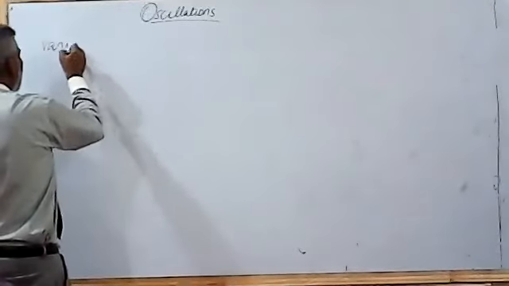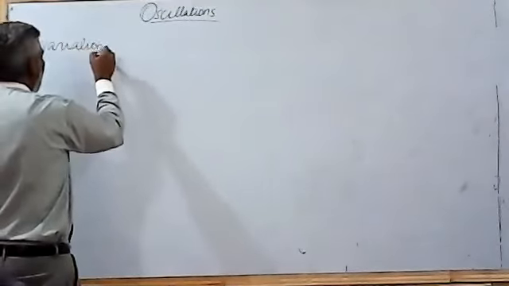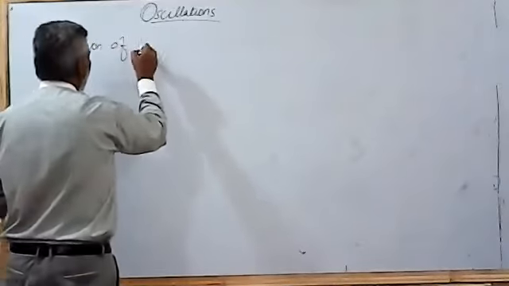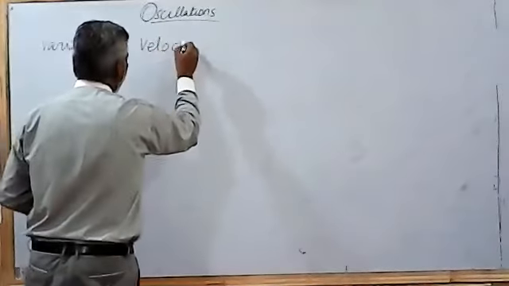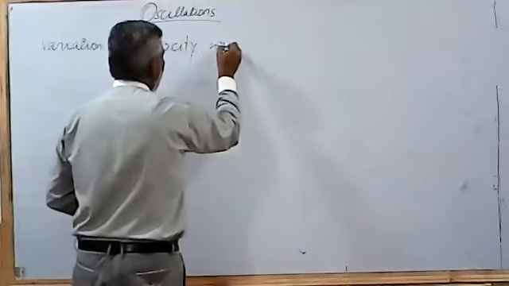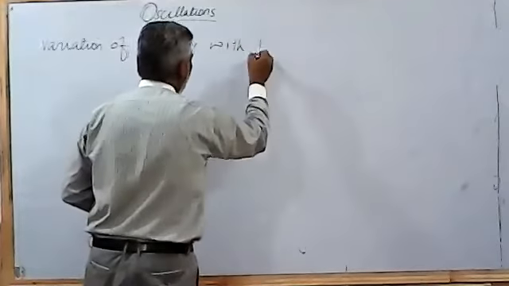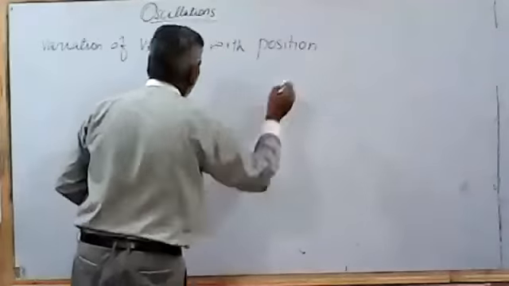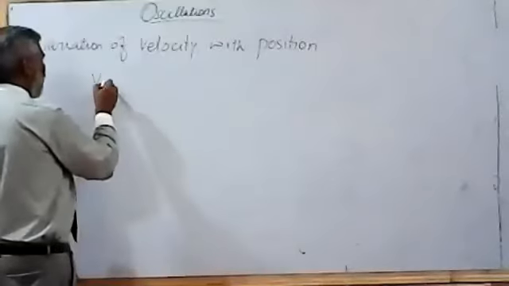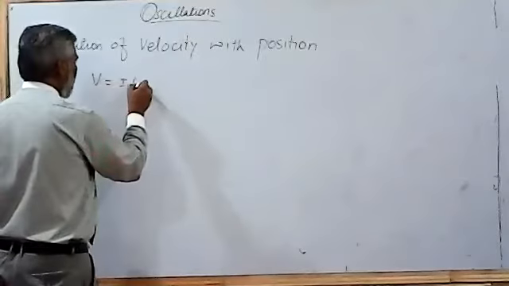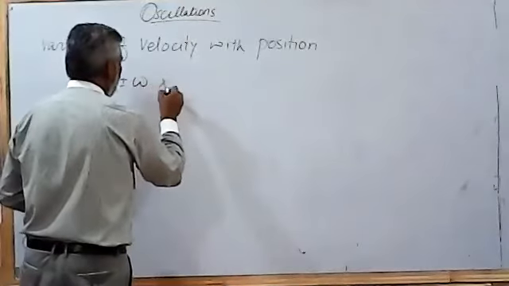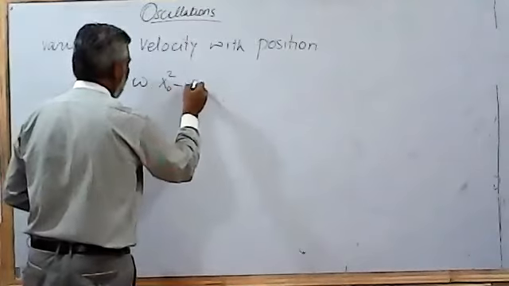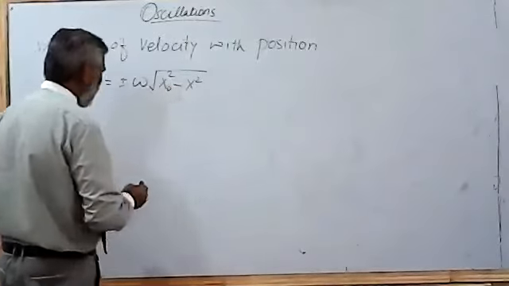Variation of velocity with position. And that is given by v equals plus minus omega times the square root of x naught squared minus x squared.